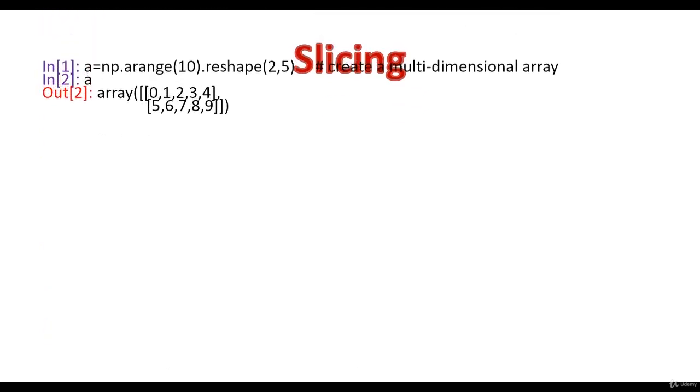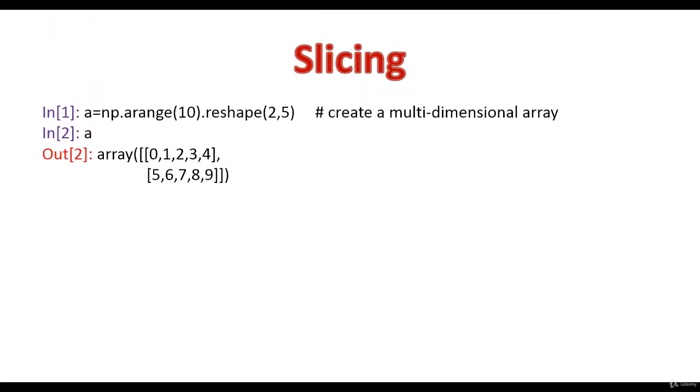Slicing of array. Here is a multidimensional array of 2 rows and 5 columns, and to get all rows, this part stands for all rows and this part is for the columns.